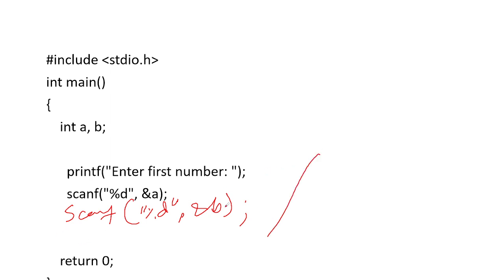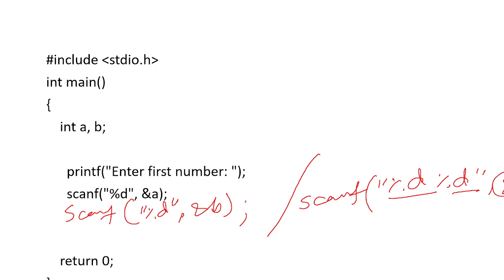But these two statements can be written in a single statement, like that. Scanf %d %d, ampersand of a comma ampersand of b. So here you see this %d is for a and this %d is for b. What does this ampersand mean?